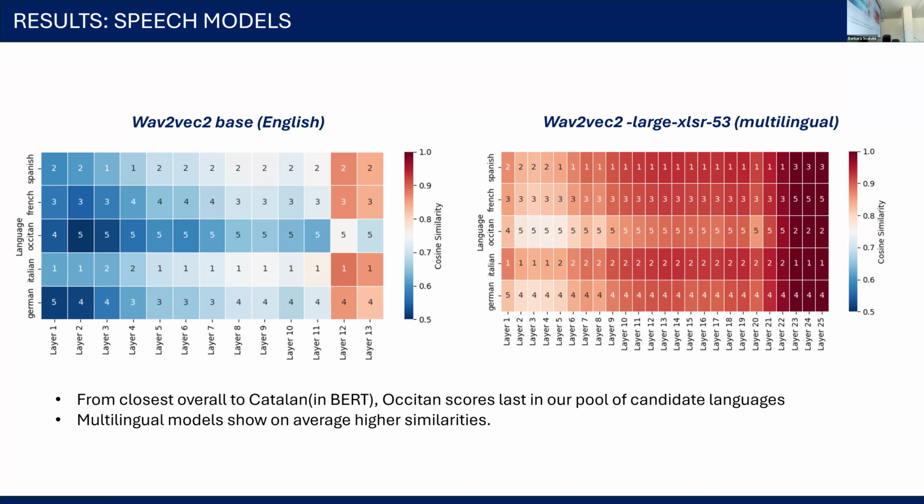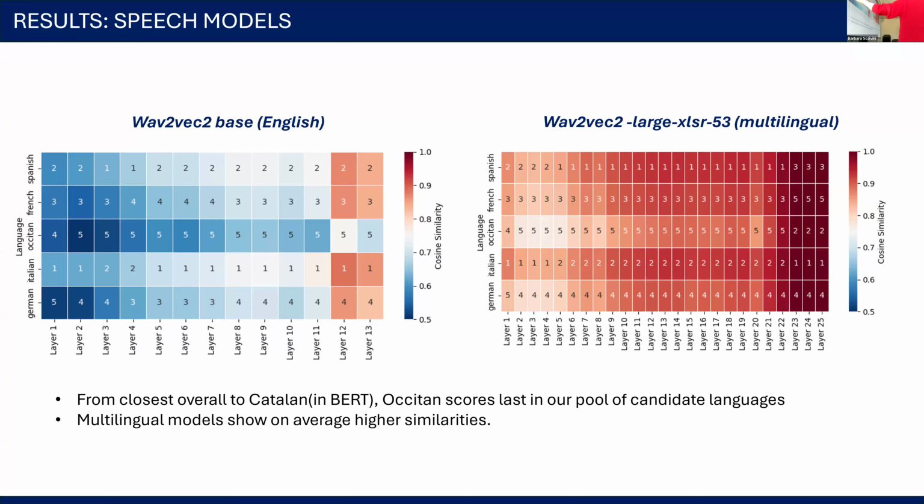Later on, I show the ensemble for all the ranges of layers. So right now, we just look at it qualitatively, and then last we see the ensemble ranking for early, middle, and late layers. So we see that there is actually a difference. Overall, though, we find that Occitan tends to be last.